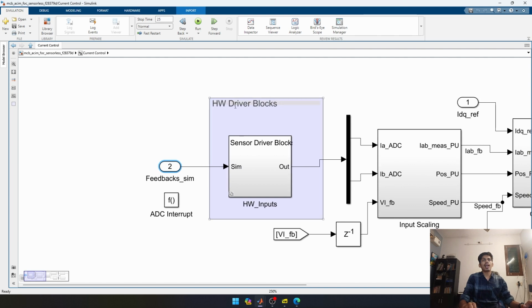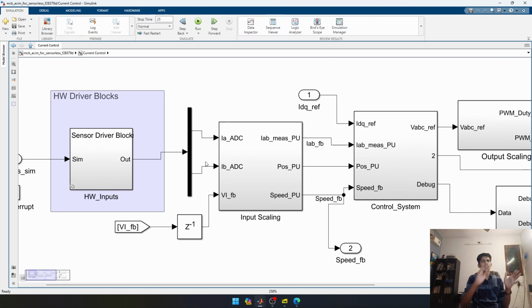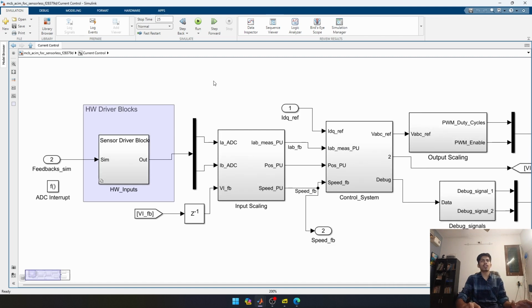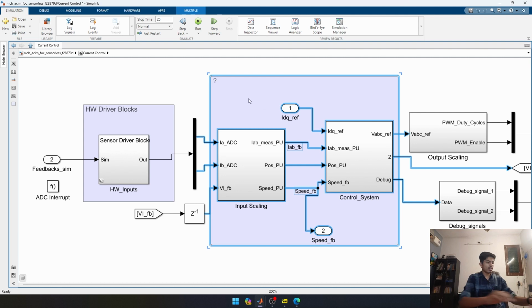So these are the hardware driver blocks. This blue box is just to visually separate. If you want to select these two and create an area, then you can name it current control. You can change the colors, and this is just to visually organize your simulation.